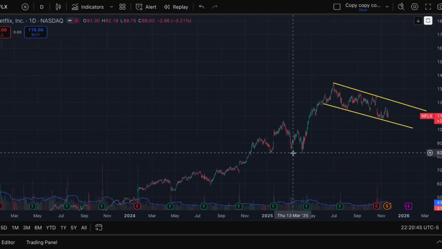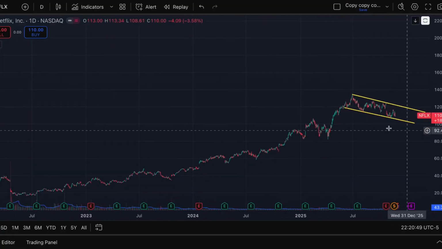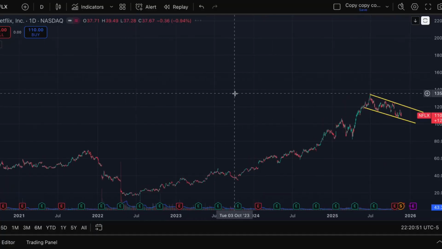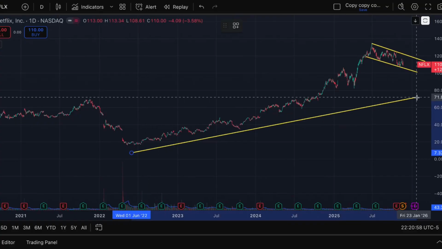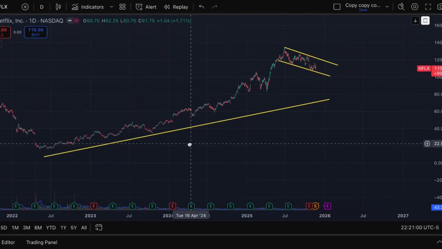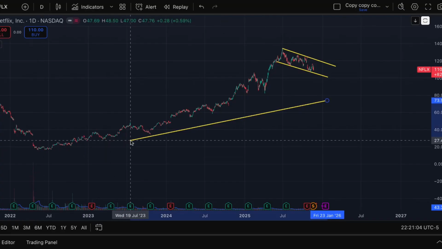And you know that the overall trend with Netflix is bullish, it's up. So you take your little trend line here and you put it all the way down here. Actually, I'd probably do it like this.